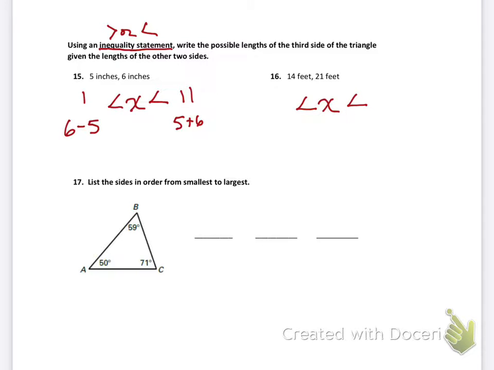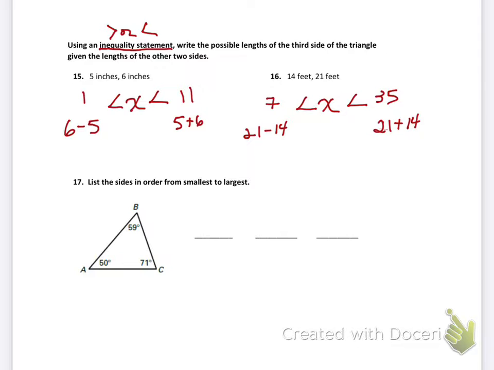Okay, so it's going to be 21 minus 14, which is going to be 7. And then this is going to be 21 plus 14, which is 35. And those are your answers. Okay, so you have to have your inequality signs facing the right direction. So you definitely want to know how to do this. This is an easy points question if you know how to do it.